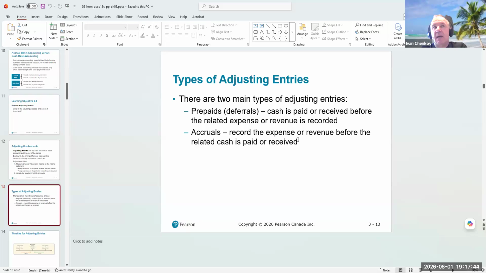No. Now, is that an expense to you then? How is it an expense if you haven't received the service? When is it going to become an expense?